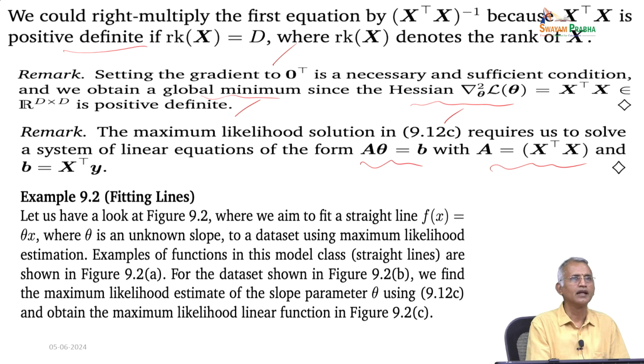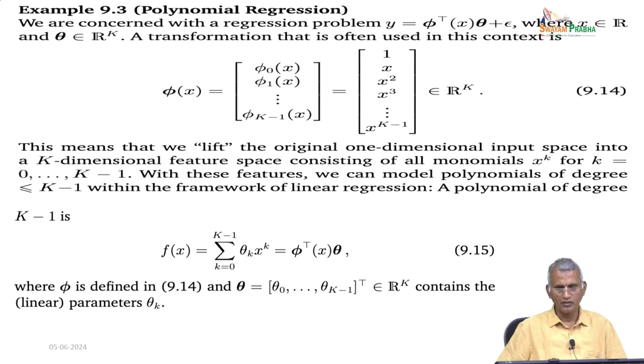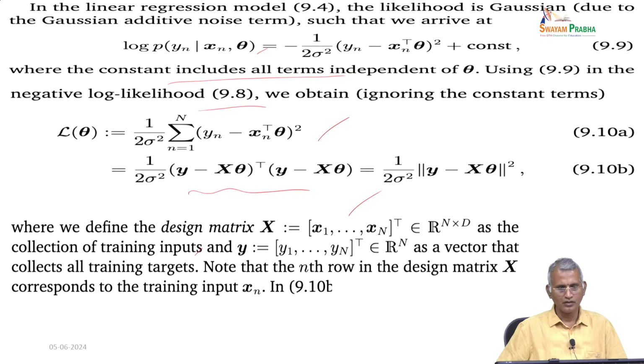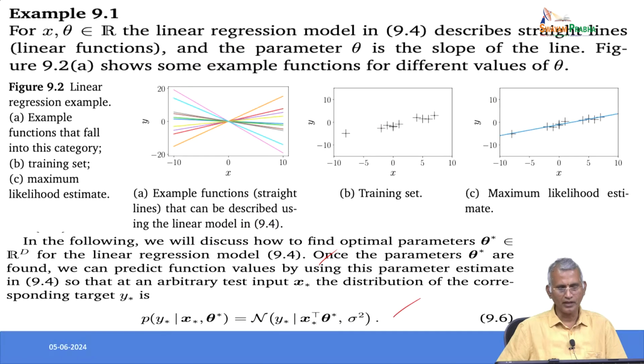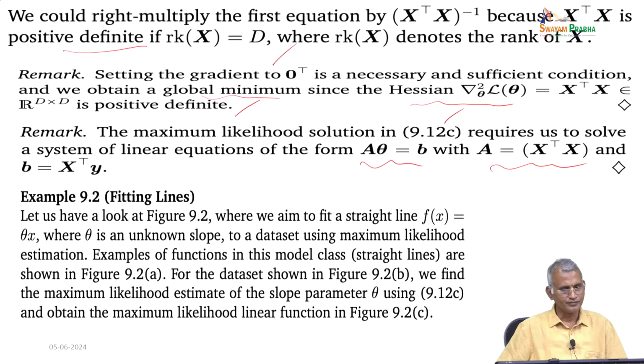So, as an example of fitting lines, let us have a look at Figure 9.2, where we aim to fit a straight line f of x equal to theta x, where theta is the unknown slope, to a data set using maximum likelihood estimation.